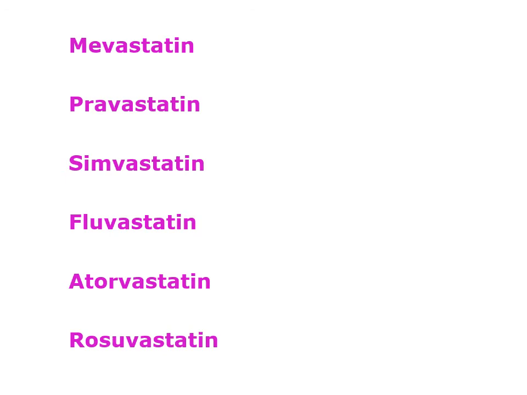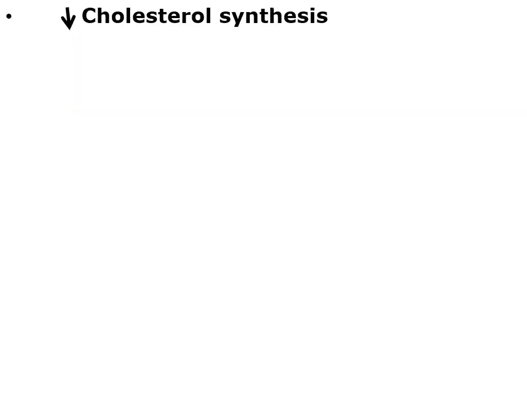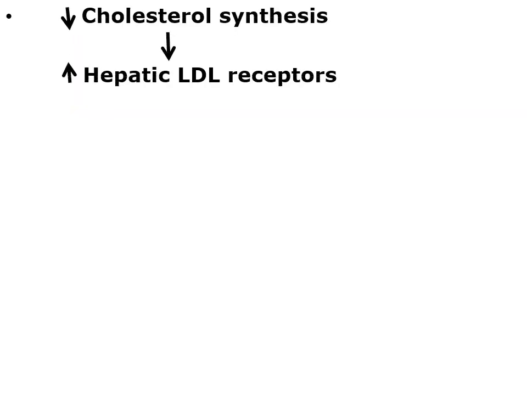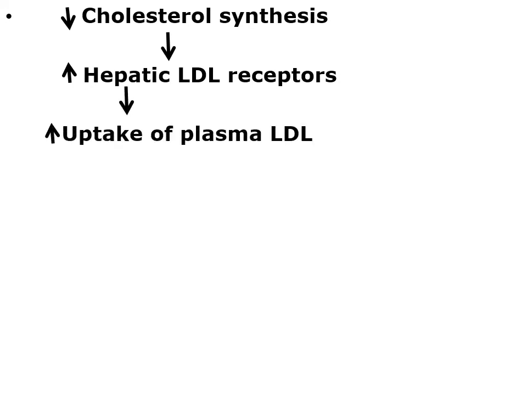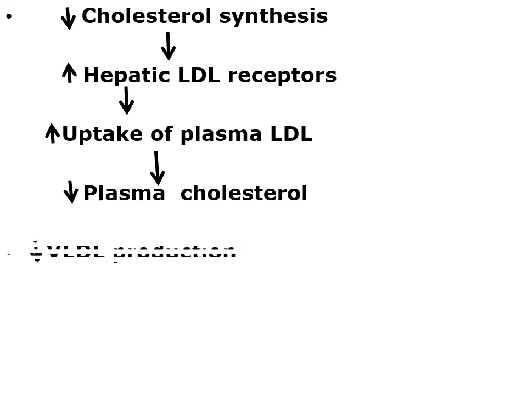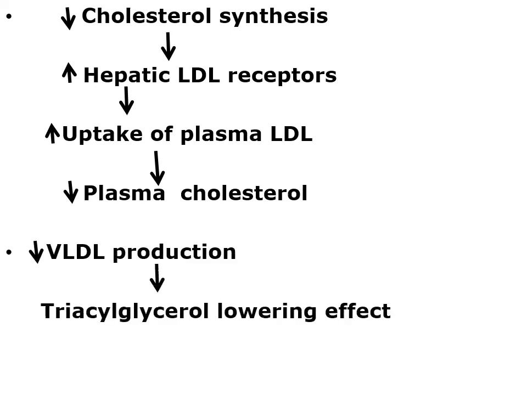When that is inhibited, naturally the cholesterol biosynthesis decreases, thereby decreasing the cholesterol level. So it increases hepatic LDL receptors. More LDL will be taken up, and therefore plasma cholesterol decreases. And VLDL production is also decreased.